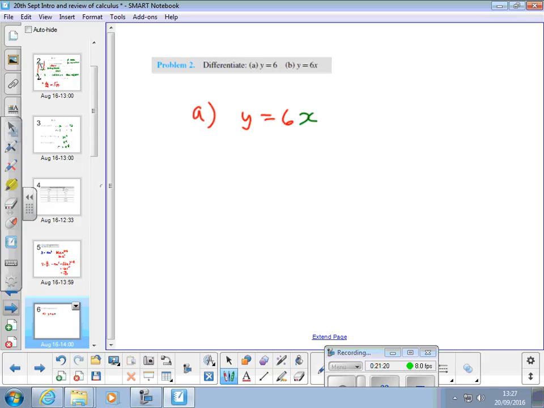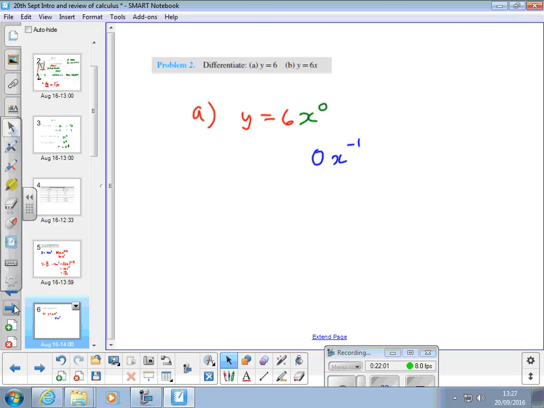What power would we need to give it so that it was still y is equal to 6? Is that right? Have we still got the same thing? Yeah, because what would happen then is that 0 would come down. You'd have 0 x to the power of minus 1, and 0 times anything is 0.